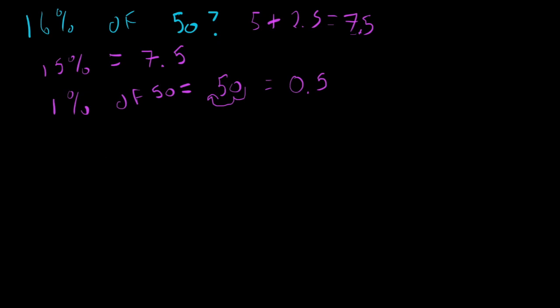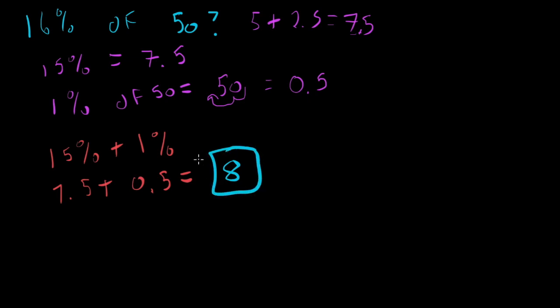Okay. So then we take 15%, plus 1%, which is just 7.5 plus 0.5. So that's going to give us 8 as our answer. Okay, so 16% of 50 is 8.